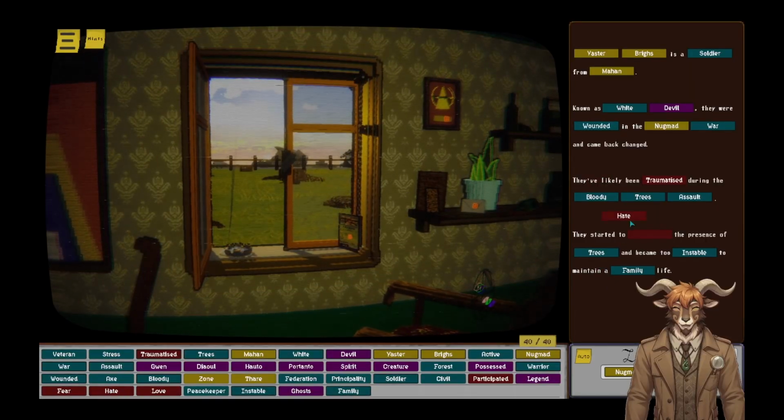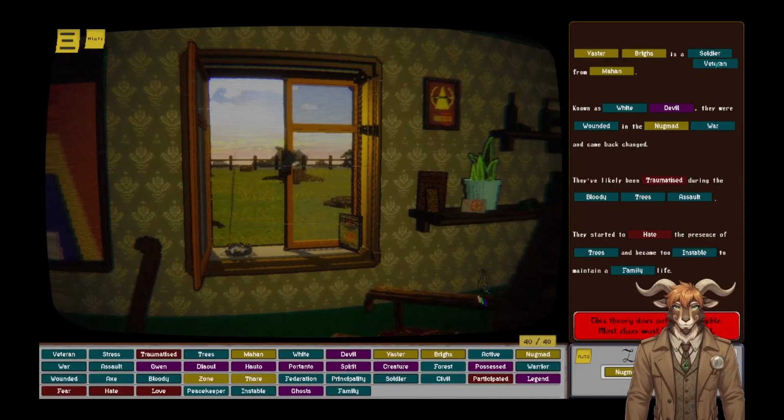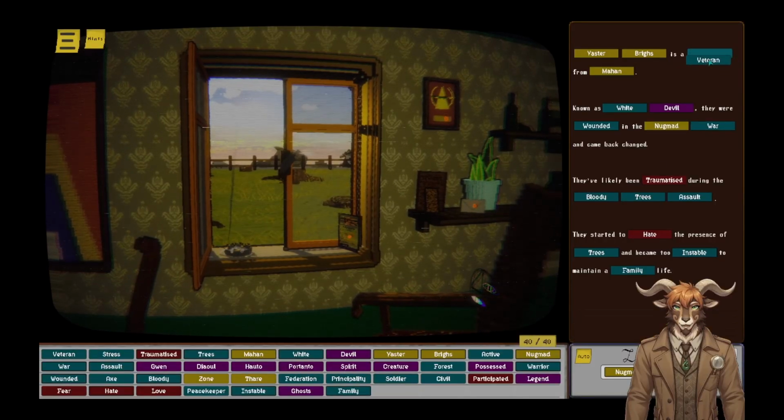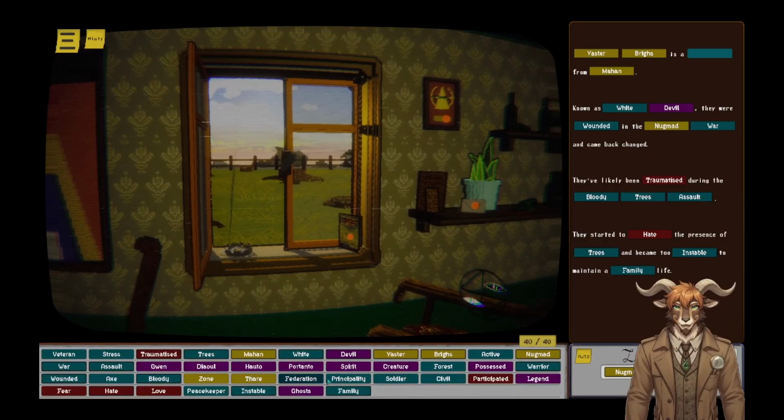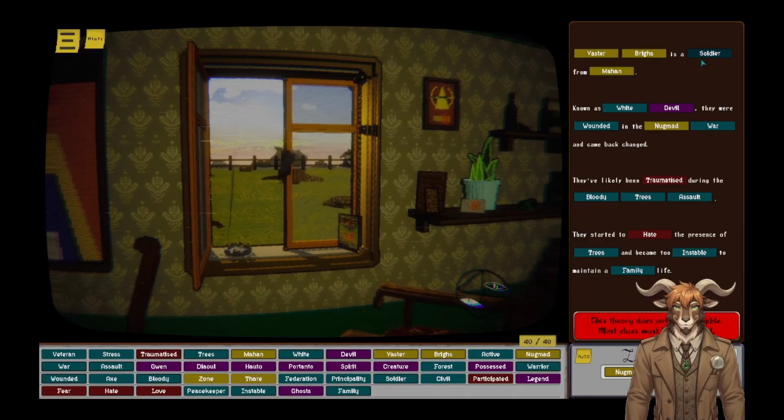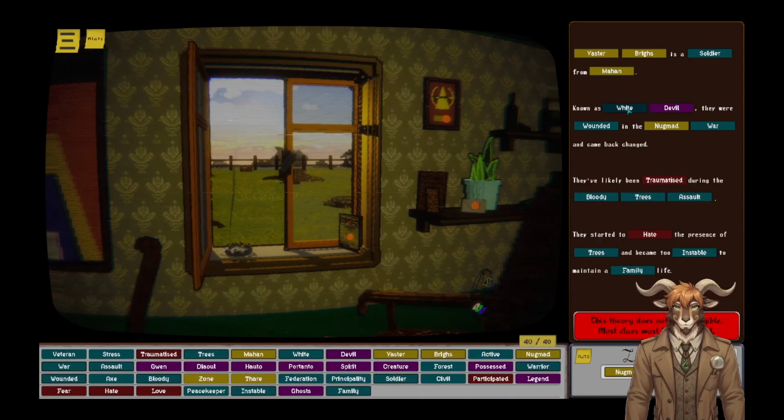Well, let's put Hayton and see if veteran is right. Yeah, so veteran is right. So we can just put in the stress deal, the veteran deal. Put white in here. We need to be one or two away, right? So we need veteran in here.